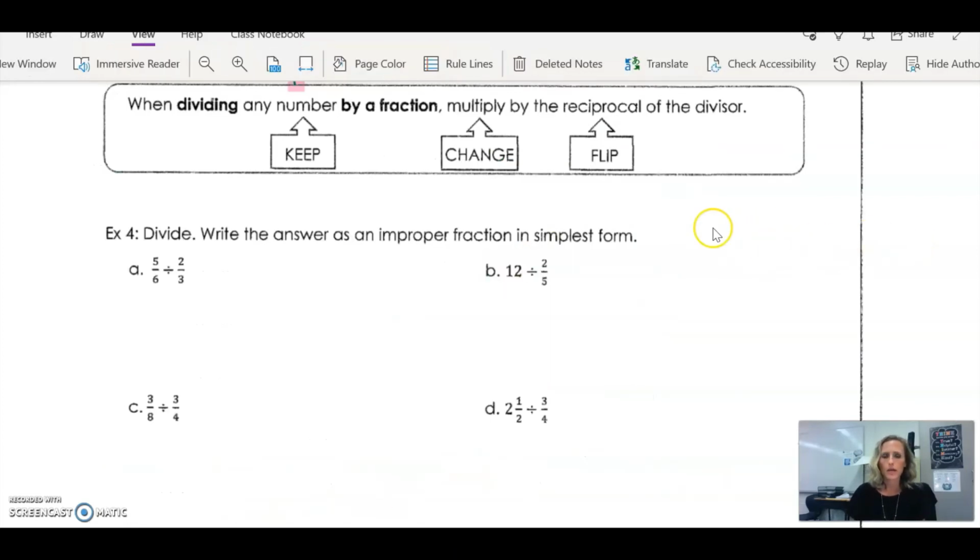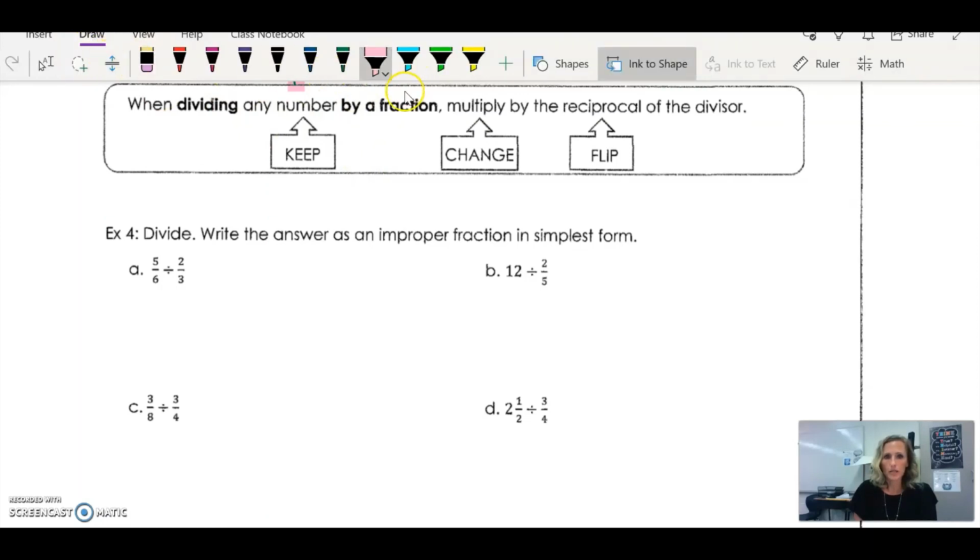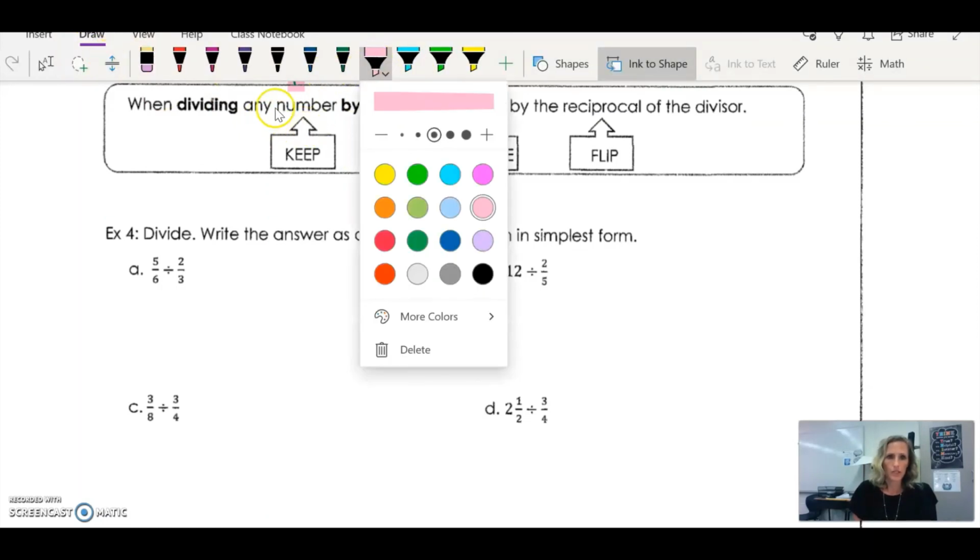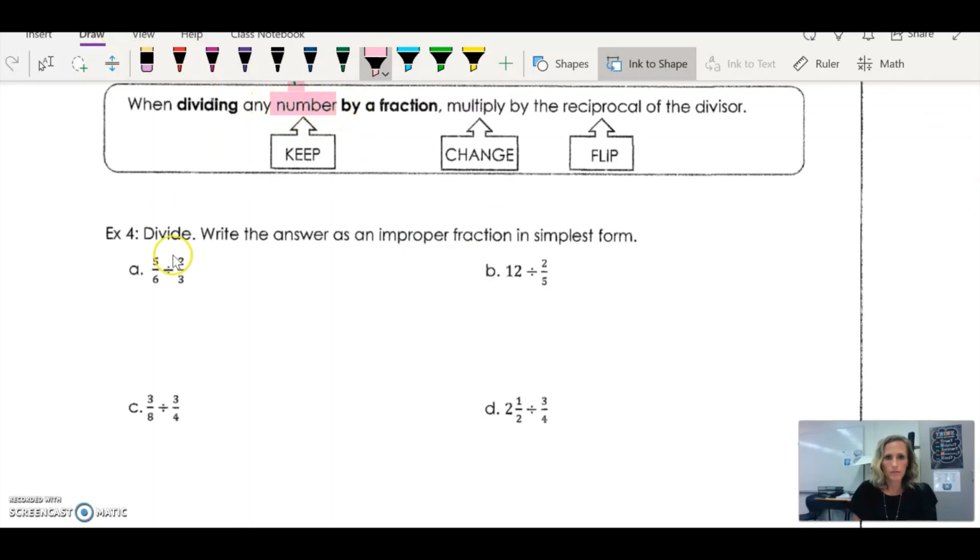I'm going to apply that pattern that we observed to our dividing by a fraction problems. And when we're dividing by a fraction, we're going to keep the front number just like we did up above, and then we're going to change to multiplication. So we're going to keep our front number the same. So each of these is going to remain the same.